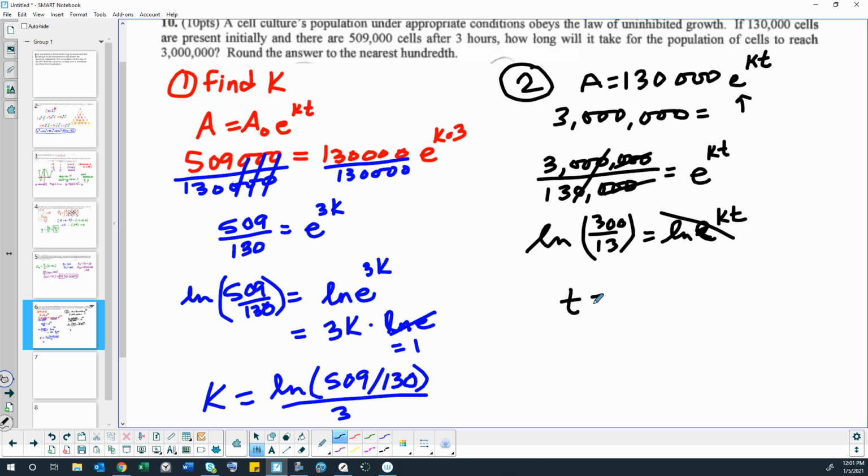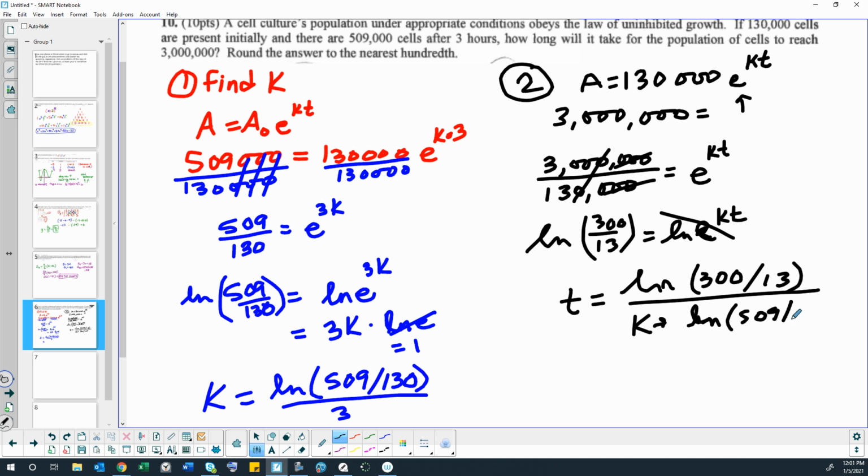So then t will just equal the natural log of 300 divided by 13, over k. And k is the natural log, unless you have a decimal you're going to use, of 509 divided by 130, and then that whole thing divided by 3.